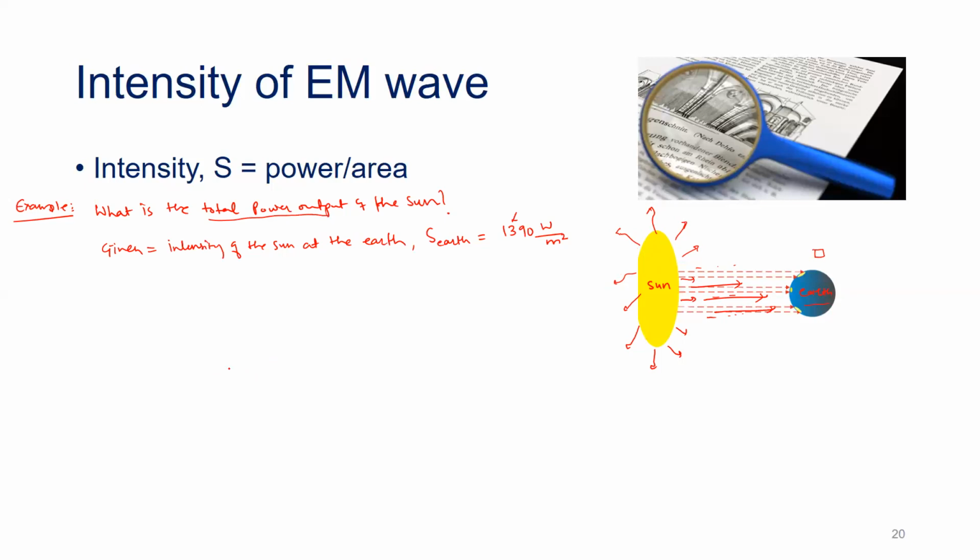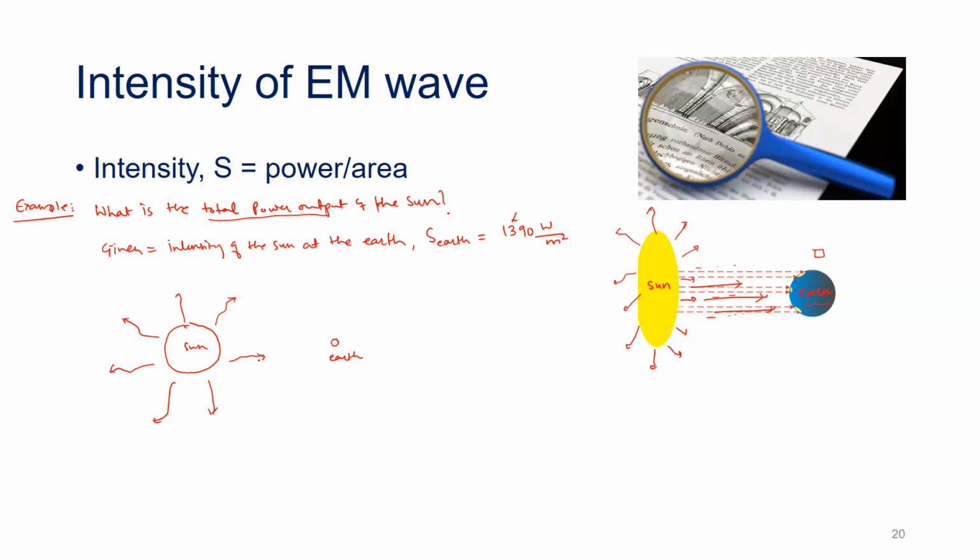Let's say you have this sun over here. This is your sun. And let's imagine you have this earth here, okay? And all these waves are being emitted right here.